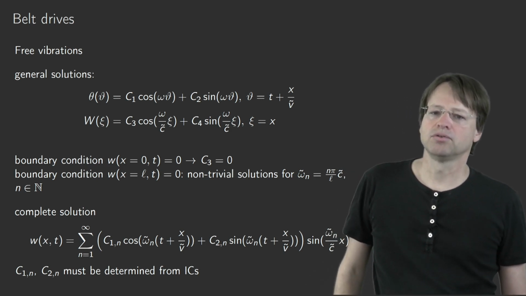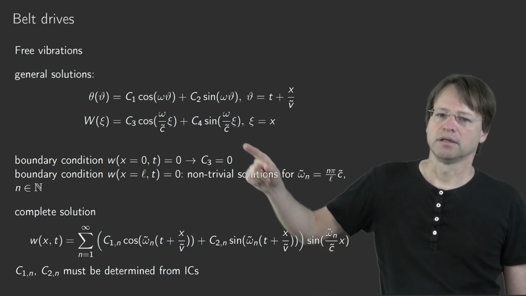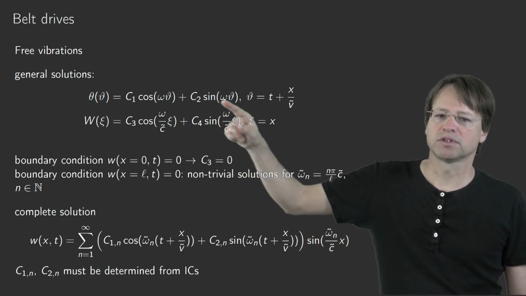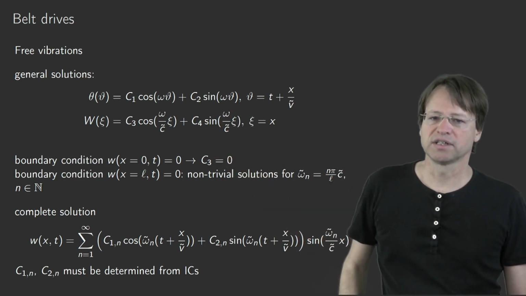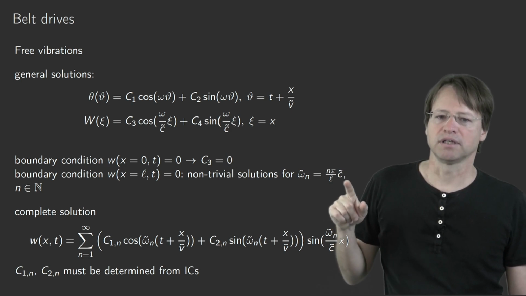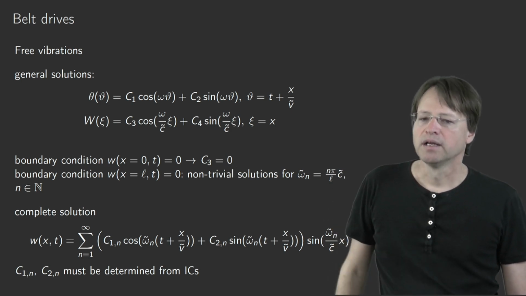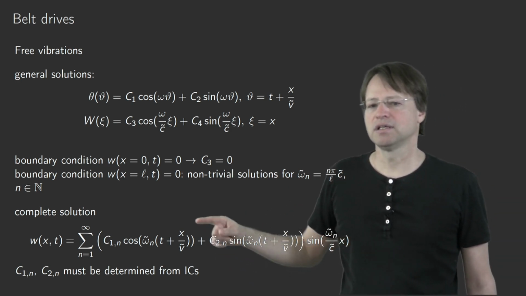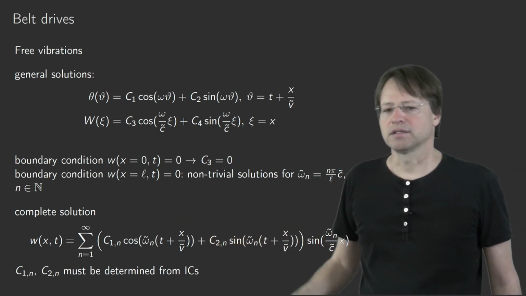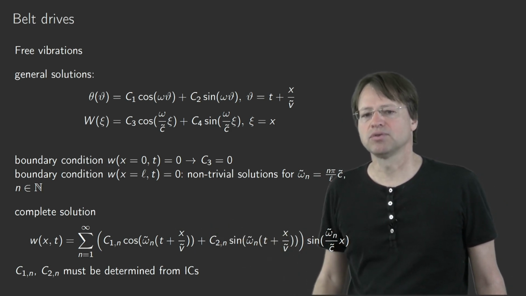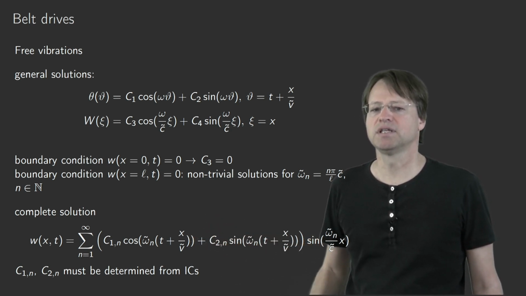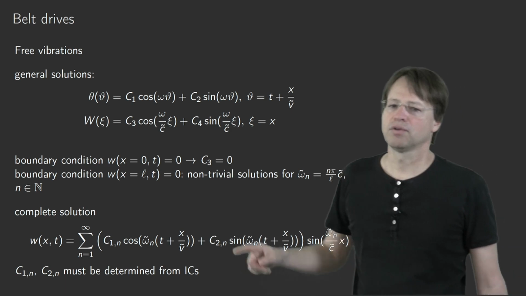So the complete solution, again, you take then the mode shapes, which are then the sine harmonic terms, where you include omega n tilde according to n pi divided by l times c tilde here, where you then replace omega here by omega n in the time-dependent behavior, and where you substitute the transformation of theta back to t plus x divided by v tilde here for the harmonic behavior.